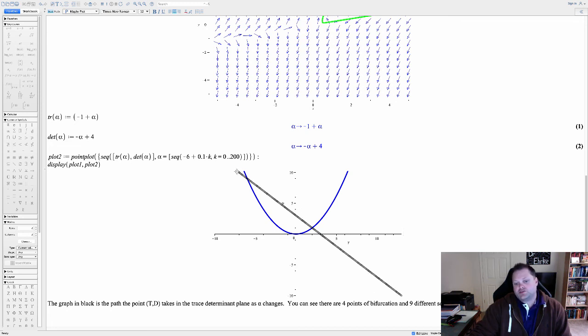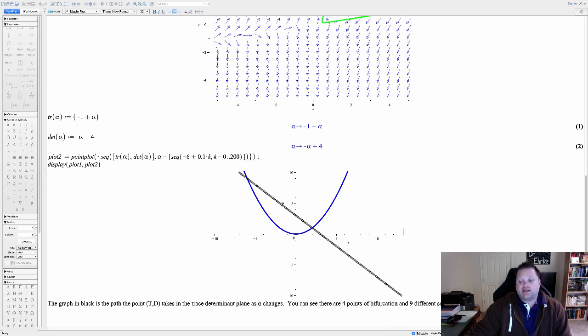And what you see is you've got one place where we change, a second place where we change, a third place where we change, and then a fourth place where we change. Hence, there are 4 points of bifurcation because we've got 4 different places across which the system will change behaviors.